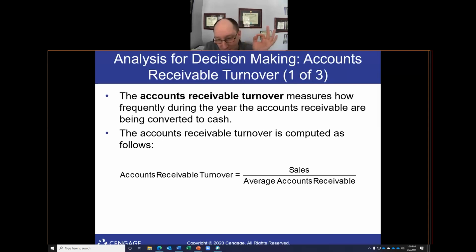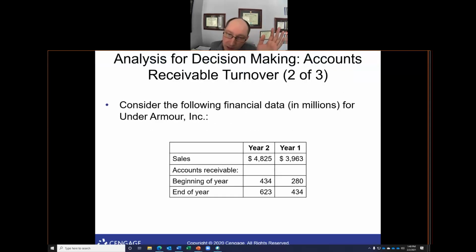So this is a very simple ratio. Accounts receivable turnover. We take our total sales found on your income statement, right? End of the year, income statement, total sales. That's your total revenue. Divided by average accounts receivable. How do we find average accounts receivable, you might be asking?